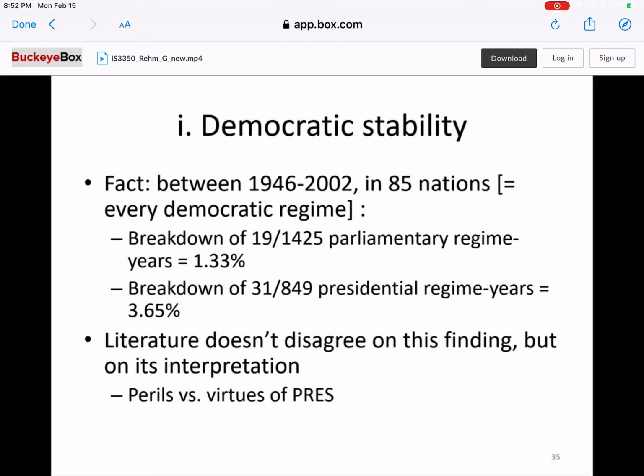Other people say, no, the reason we see these patterns in the data is that presidential systems happen to be in countries where democracy has a harder time surviving.